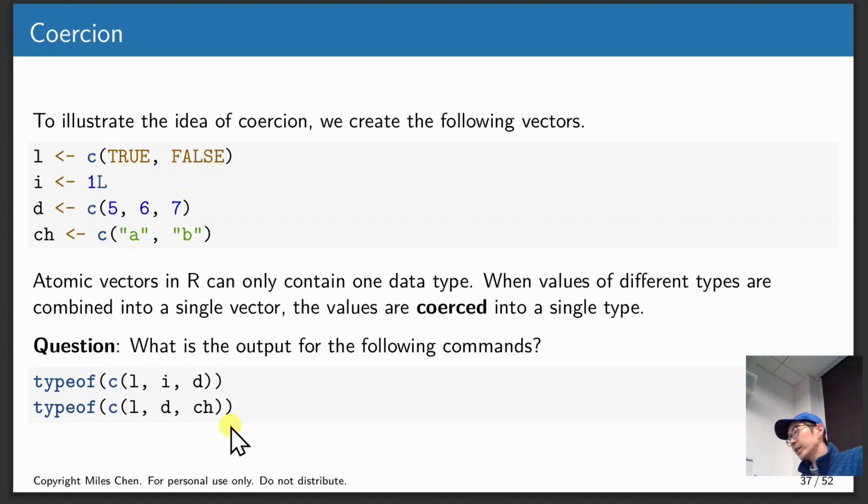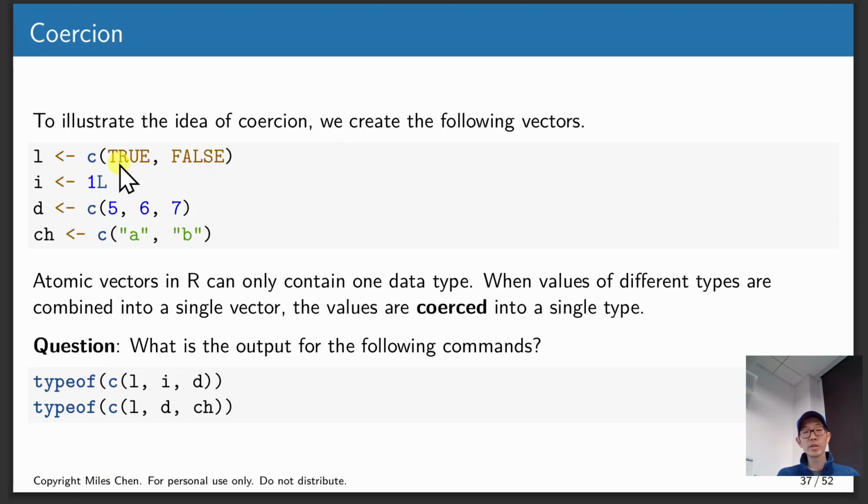Atomic vectors, again, in R, every value in there has to be of the same data type. And so if you try to mix different data types, R does what we call coercion, okay? Basically, if you have logical values, integer values, double values, character values, they get coerced into a single data type, where character is least restrictive and logical, the true, false Boolean values, is most restrictive.